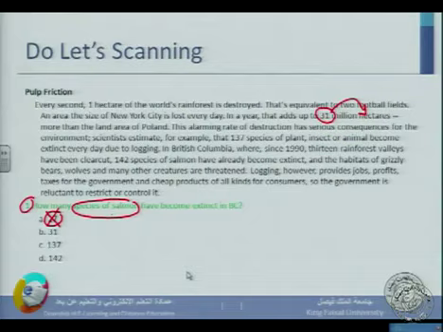So 27 is wrong, 31 is wrong, because the 31 right here is talking about the hectares. Okay, but the question is talking about species of salmon. Okay, let's see 137 here. 137, but it is talking about species of a plant, then it is wrong.